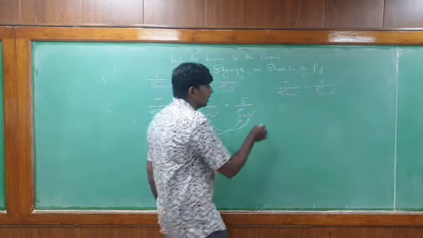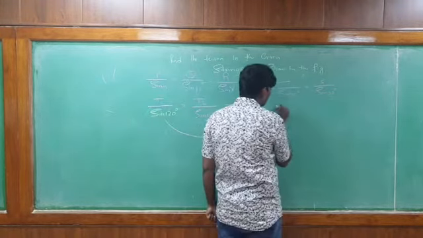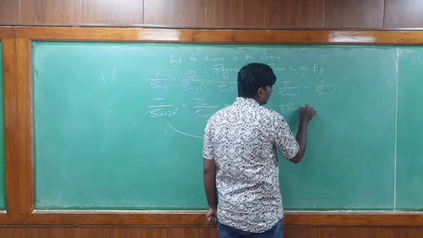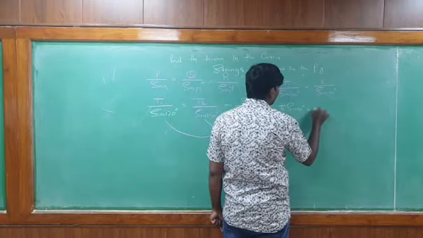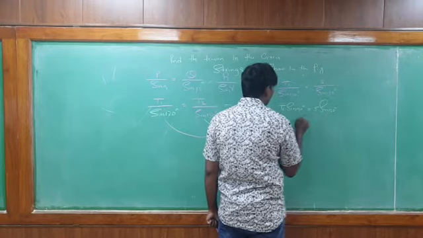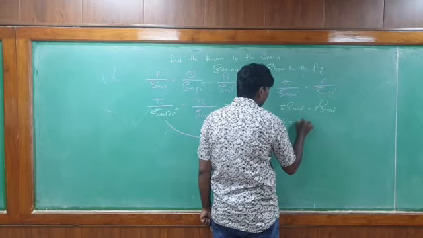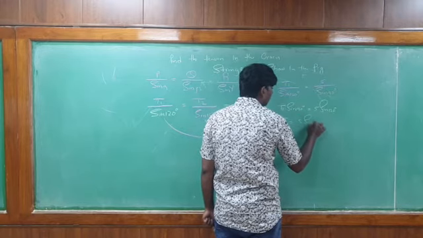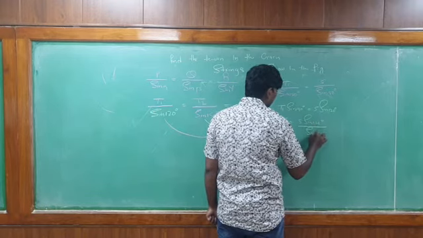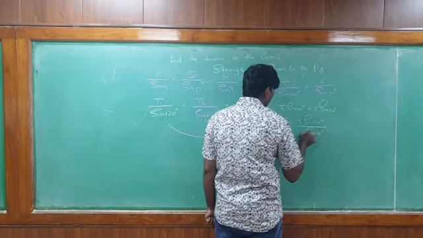Go for cross multiplication. T1 sin 90 equals 5 into sin 120, that is T1 equals 5 sin 120 by sin 90.